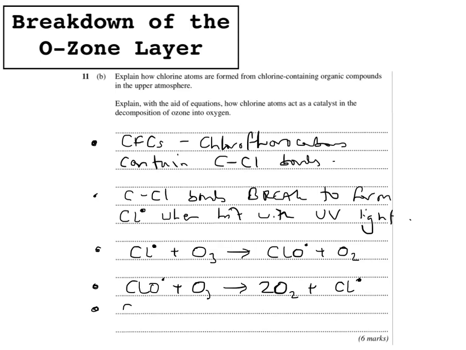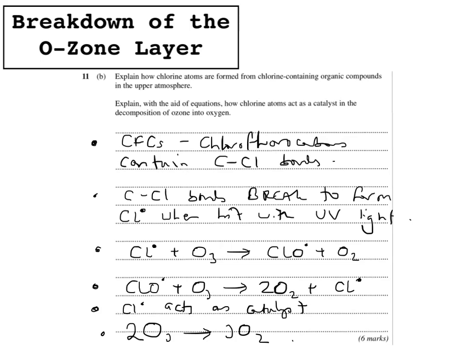Another mark can be said that Cl dot acts as a catalyst. And another mark could be for the overall reaction of 2O3 making 3O2. So there's quite a lot you can write down, quite a lot of points to make.